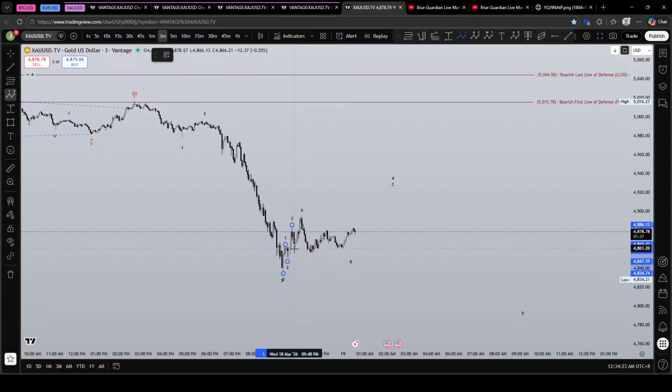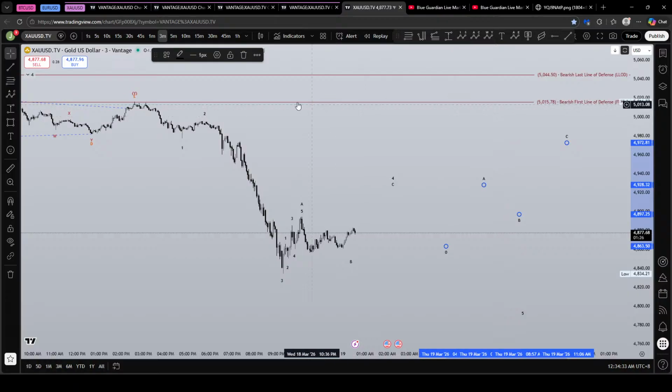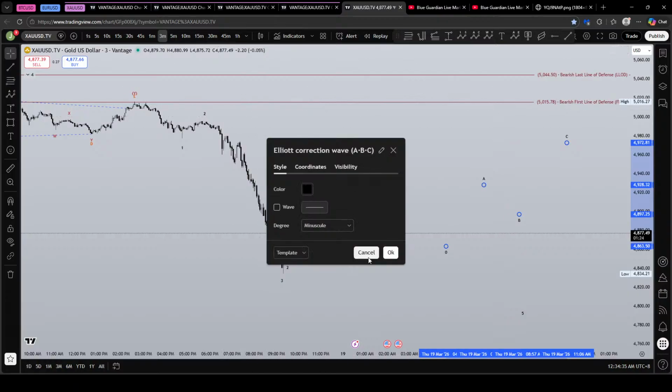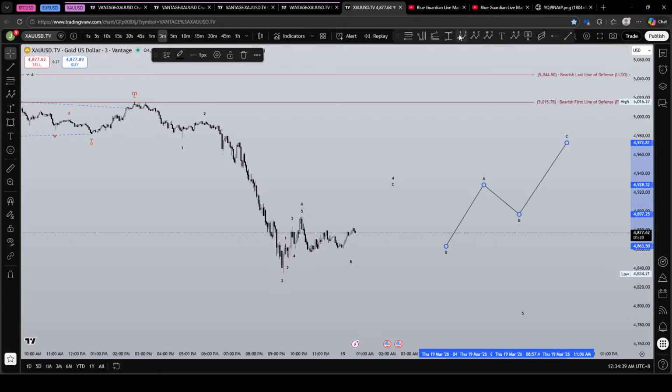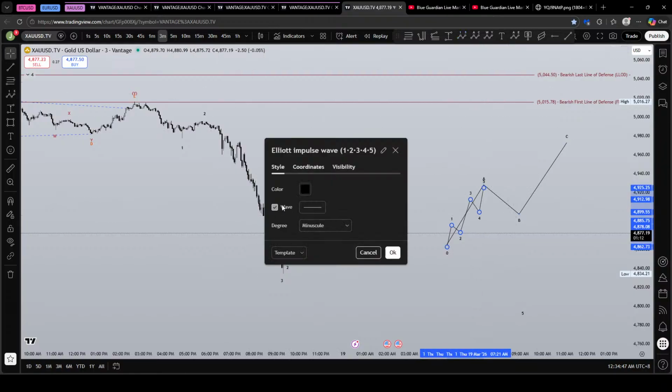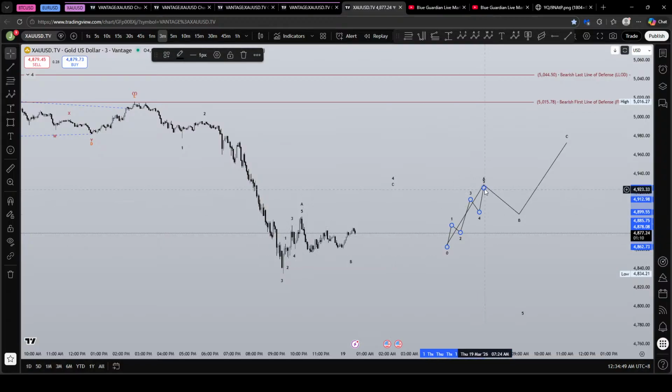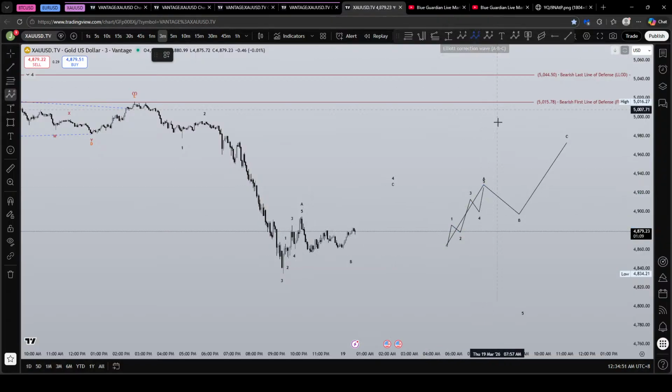So in Elliott wave theory, an ABC structure or an ABC bounce like this one, the internal waves of an ABC bounce must be composed of 5 waves up, 3 waves down, and then 5 waves up. So the structure of the corrective structure should look like this one: 5 waves up, and then 3 waves down.